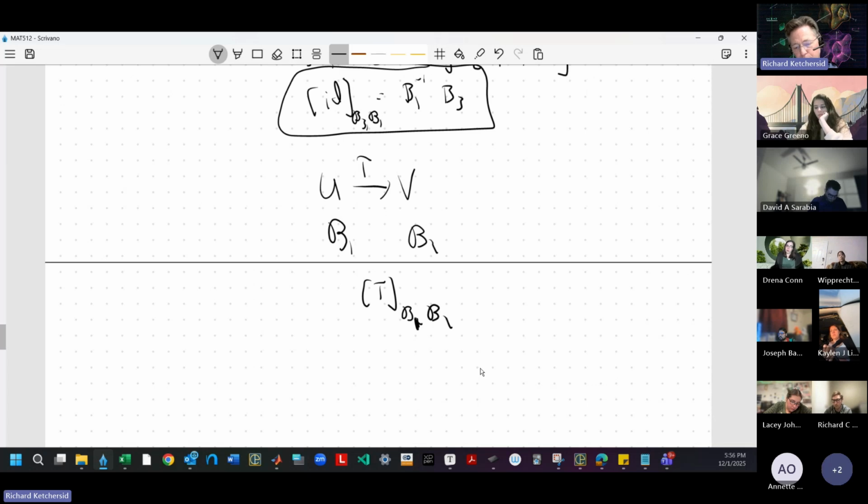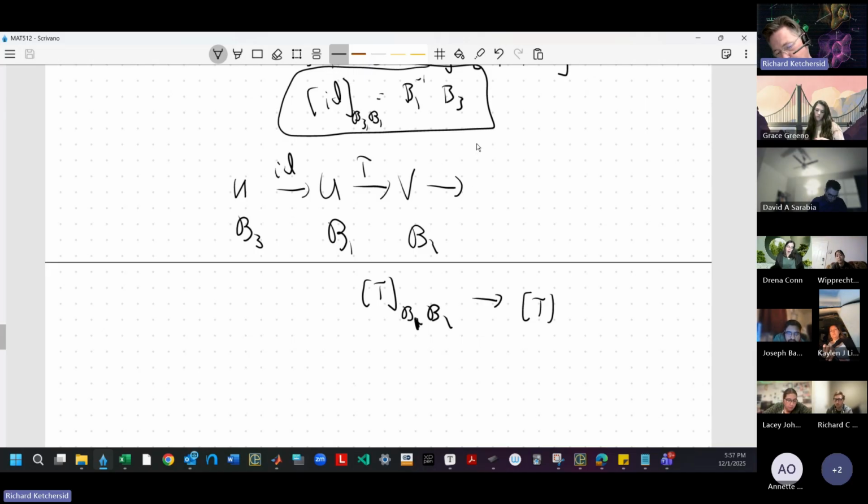And I'm trying to turn this into T. And then so here I'm going to go U is going to go from B3 to U, and this is going to be just the identity map. And then this is going to go to B4. This again is just the identity map on this side.